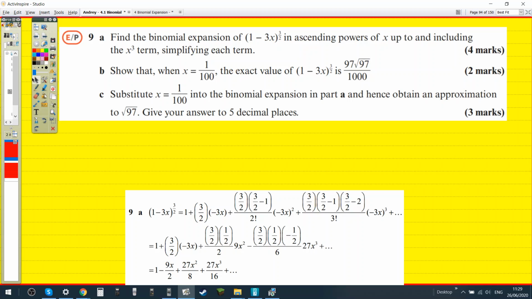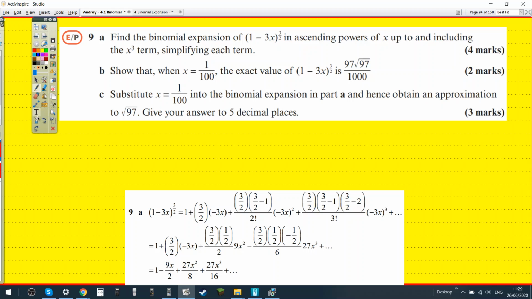How do we do part B? So just subbing in 1/100 into the x in 1 minus 3x to the power of 3/2.